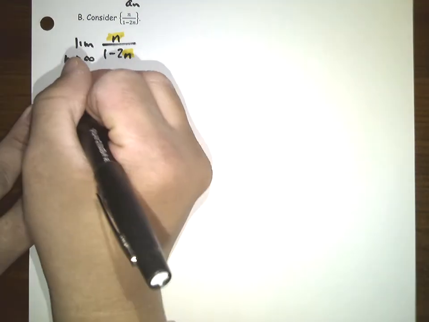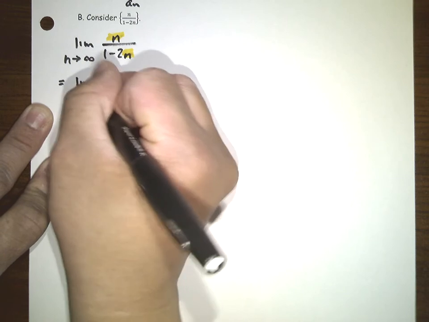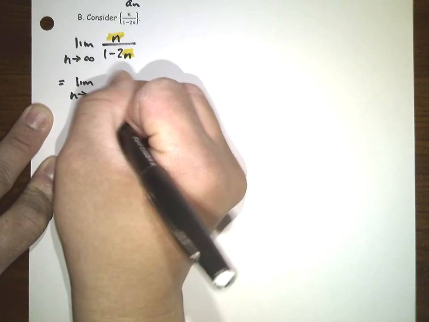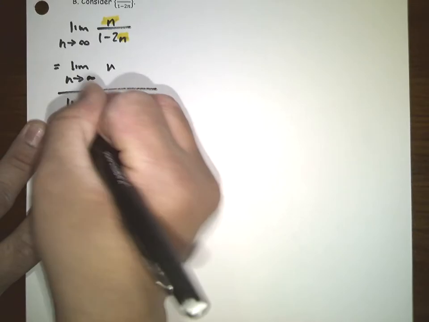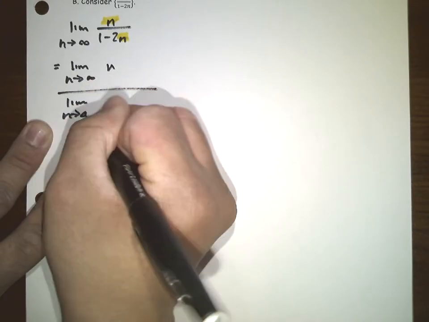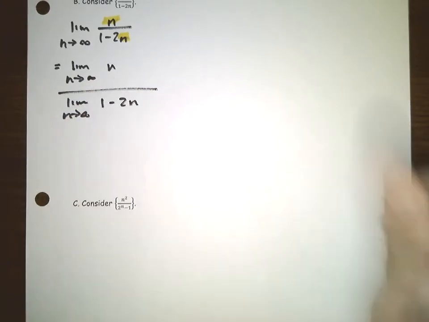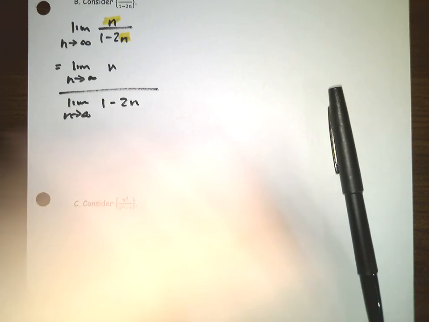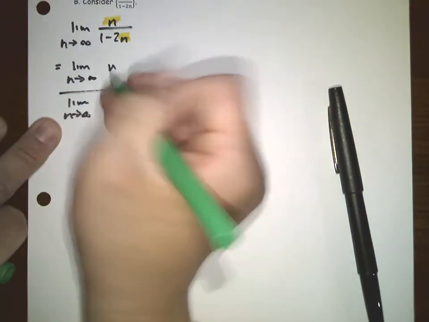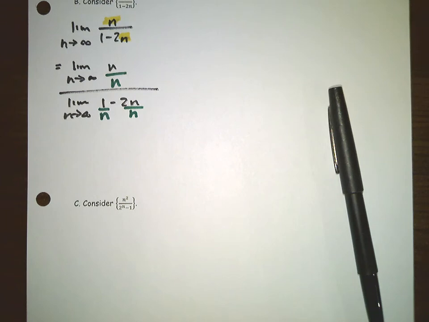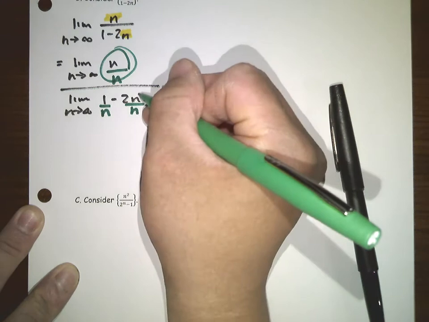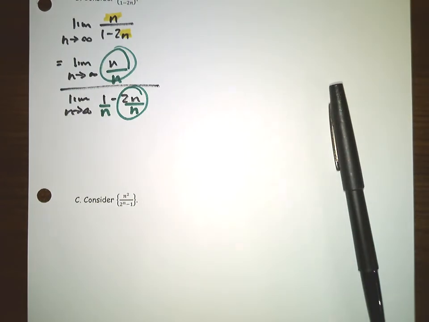So this will be the limit as n goes to infinity of n over 1 minus 2n, and then I'll divide every term by n. This is a technique that hopefully you have seen before, because n over n is 1 and 2n over n is 2.